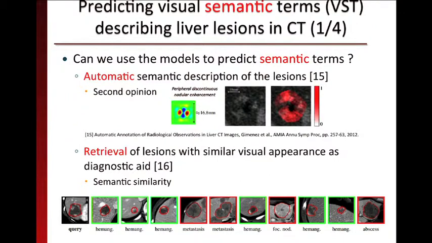And compared to traditional content-based image retrieval, this is useful because it assesses the similarity between instances based on semantic terms. So if you want, the system really speaks the language of the radiologist and does not use, for example, low-level features such as texture features or other features.